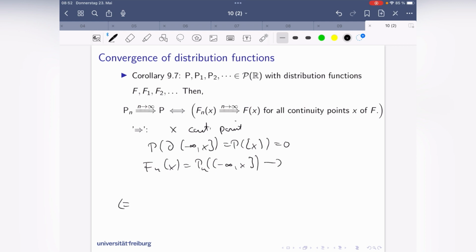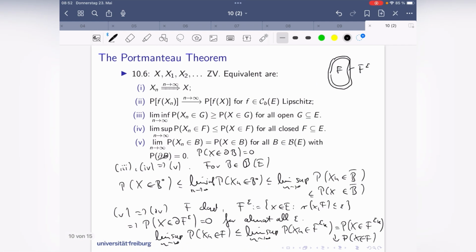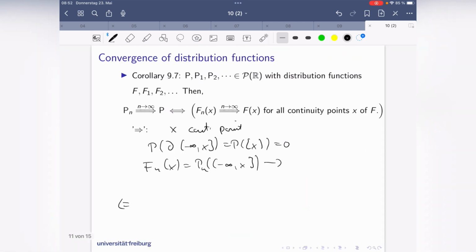This here, since I have V convergence, I can use part number 5 here, V convergence of the probabilities, pi of minus infinity x, which is f of x. And I'm done with one direction, and for the other direction I will not do that here, but say please read it in the manuscript, because it's a bit harder.